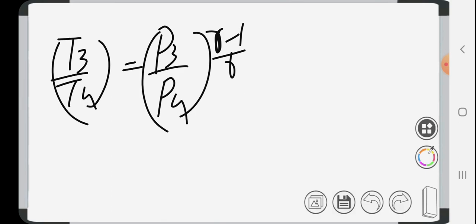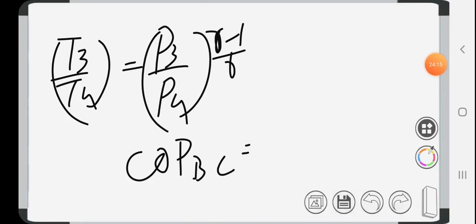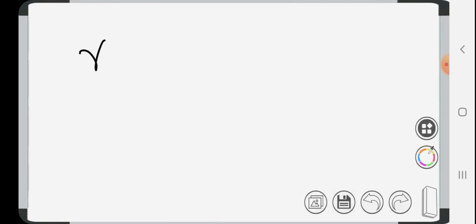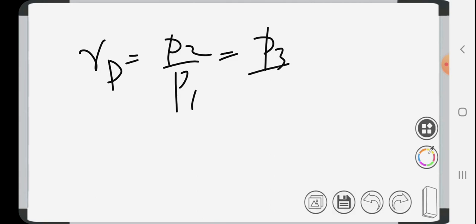But we have already derived an equation for COP in the case of the Bell-Coleman cycle. What was that equation? 1 by Rp raised to gamma minus 1 by gamma, minus 1. What was Rp? Rp is the pressure ratio, P2 by P1 equal to P3 by P4.